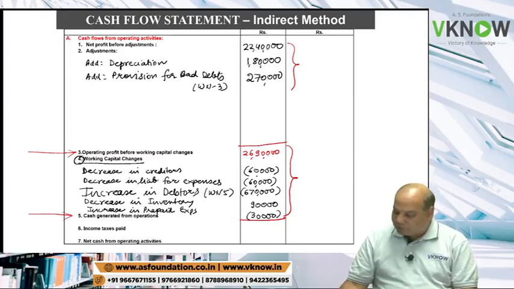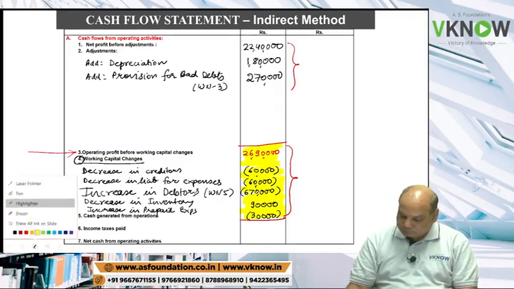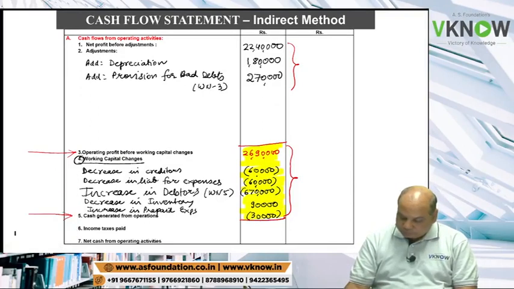Do all plus minus and tell me what is cash generated from operations. 19 lakh 60,000.